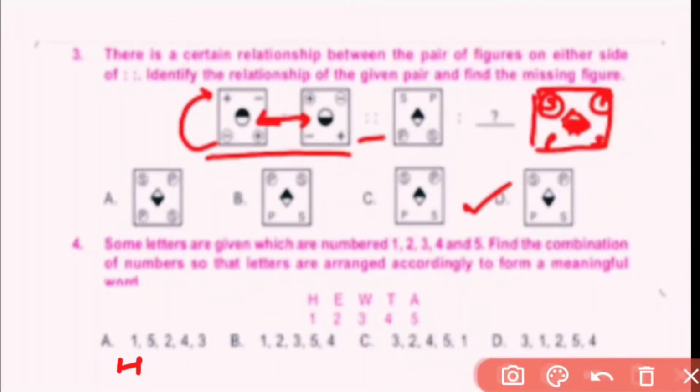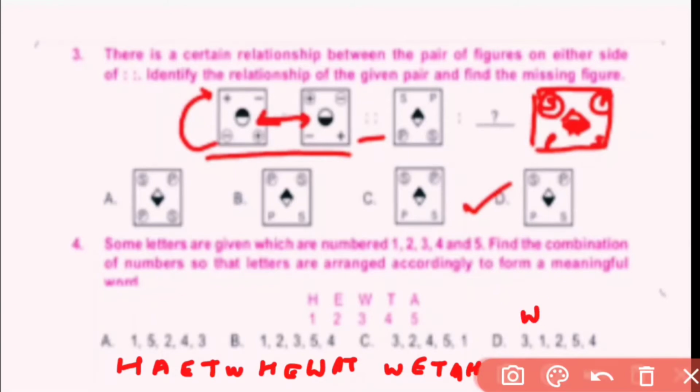Here 1 is H, 5 is A, 2 is E, 4 is T and 3 is W. In B, 1, 2, 3 means H, E, W, 5, 4, A, T. C, 3, 2, W, E, 4, T, 5, A and 1, H. And in D, 3, 1, 2, 3 means W, 1, H, 2, E, 5, A and 4, T. So here meaningful word is wheat. So D is correct answer.